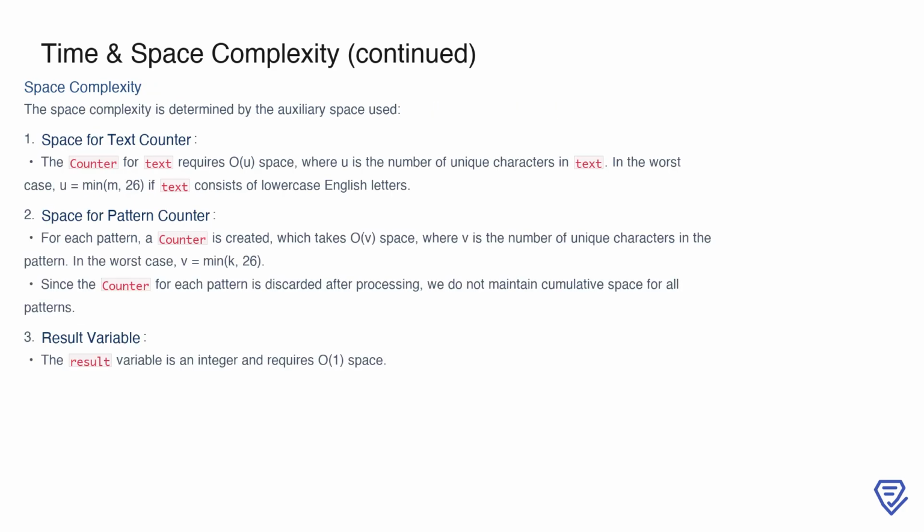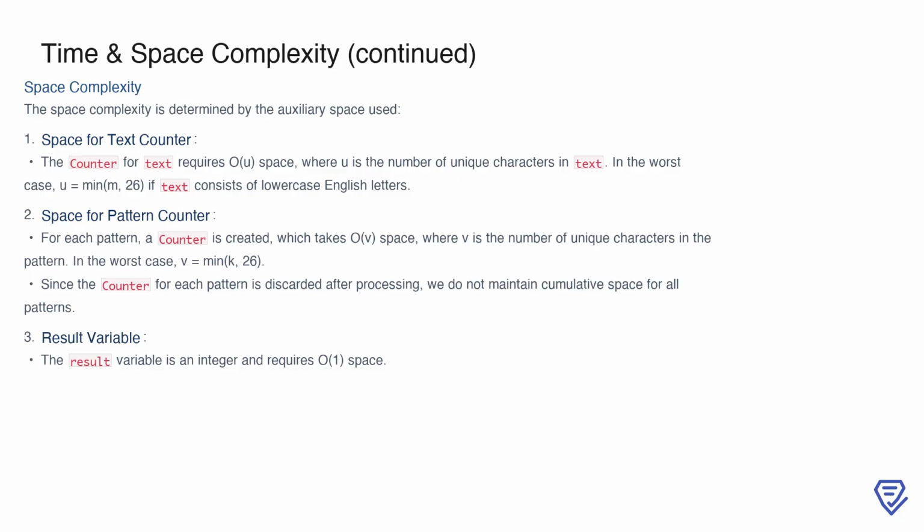Turning to space complexity, we analyze the auxiliary space used by the algorithm. First, the counter for the input text requires U space, where U is the number of unique characters in text. In the worst case, if text consists only of lowercase English letters, U is capped at 26.